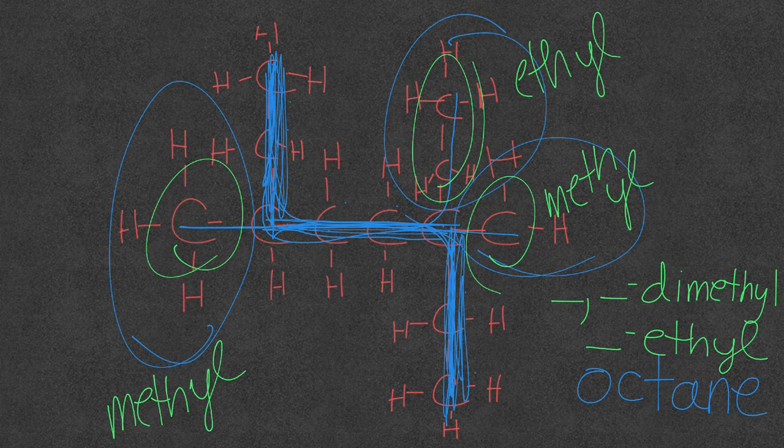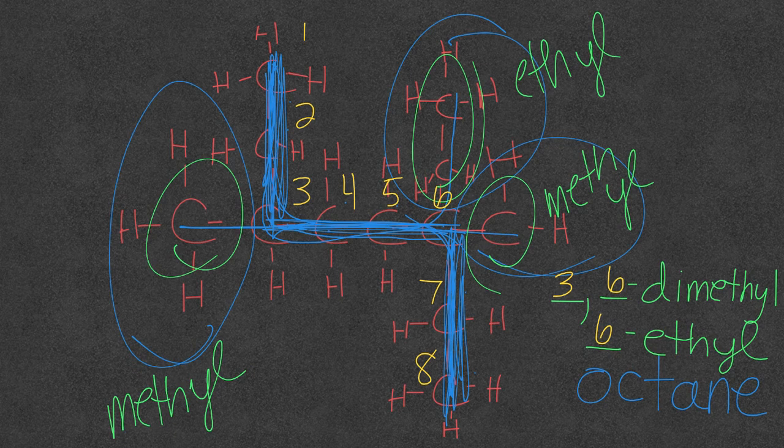In order to do our numbering, we check either direction. So if I start up there at the top, I would use the numbers 3 and 6, and then 6 for the ethyl.